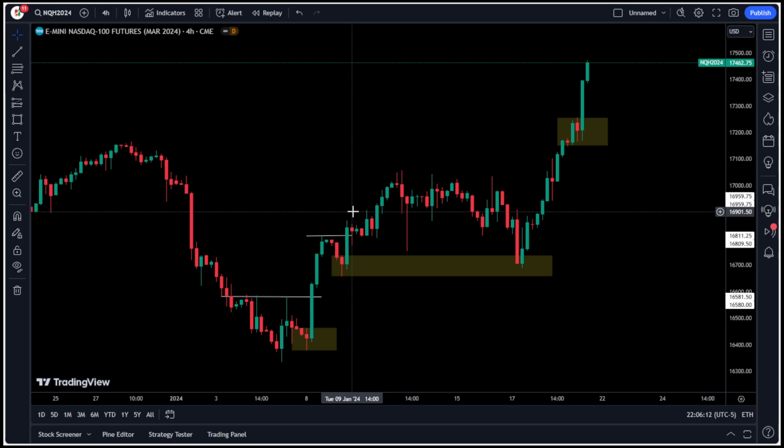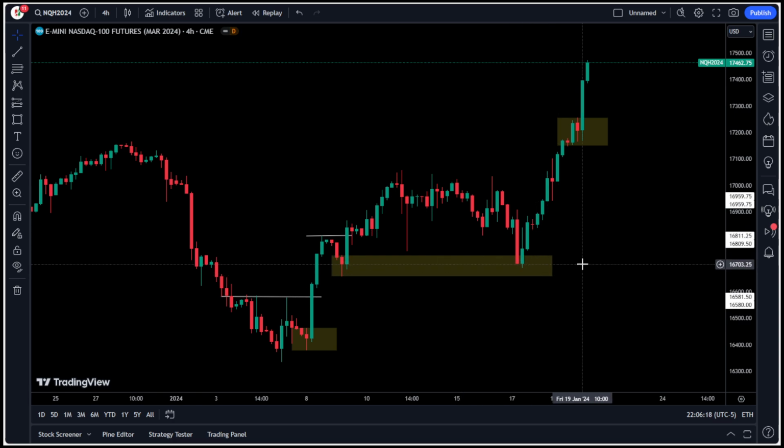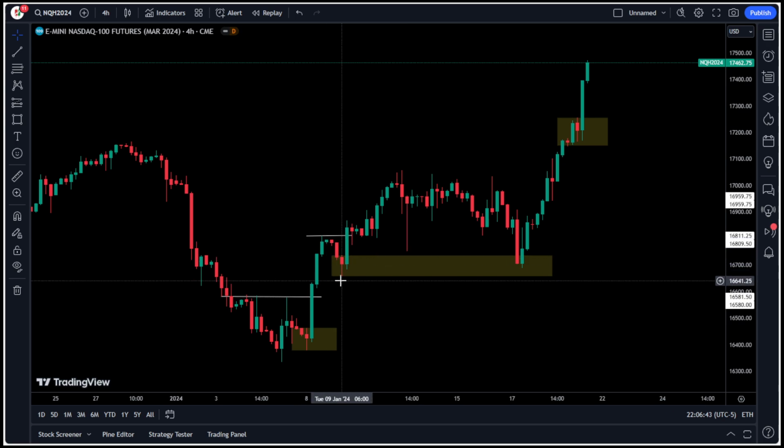An impulse move to the upside, breaking out the structure, not mitigated yet, retested, reconfirmed. Price has not closed below 50% of the order block, because a bullish and bearish candle together form a wick like this on a lower time frame, or on a higher time frame. Correct? So this is a valid order block.